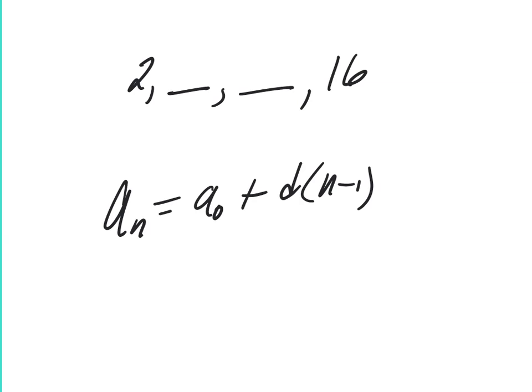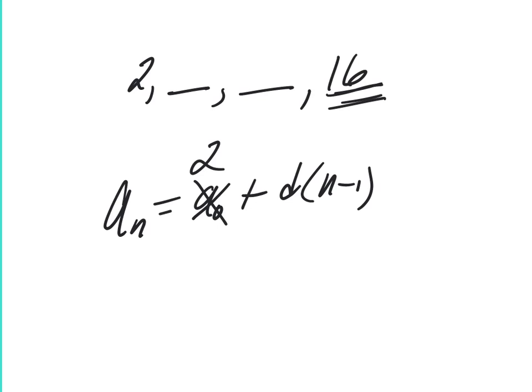Now, would you agree that a sub 0 is 2? So I can put that in for either term. That's just a fact. A sub 0 is 2. It's our first term. Now, what if I wanted to use this 16? Then I'd have to say, which term are you messing with? The 16 is the what term?